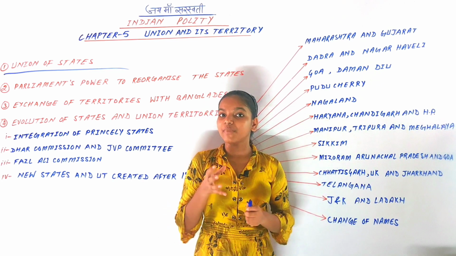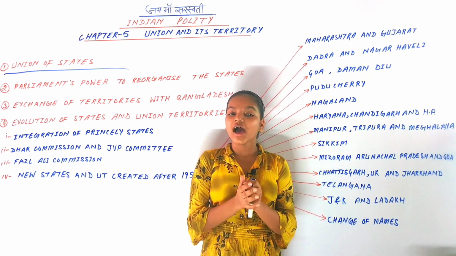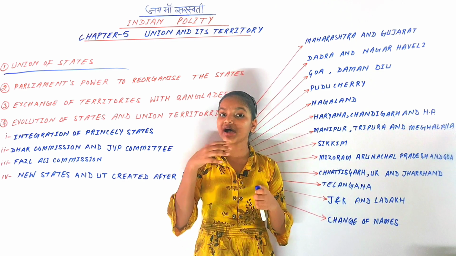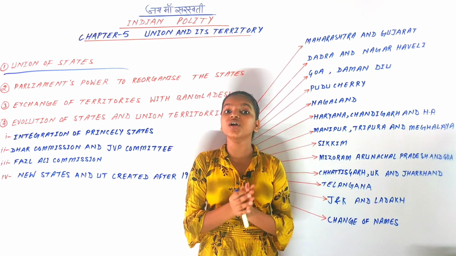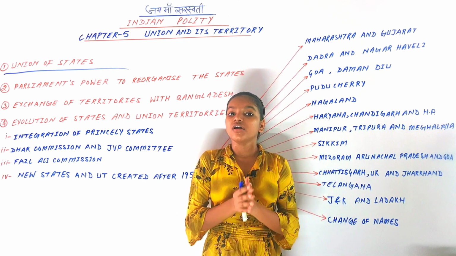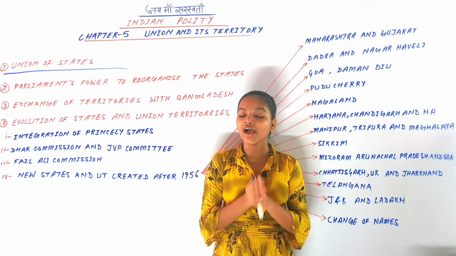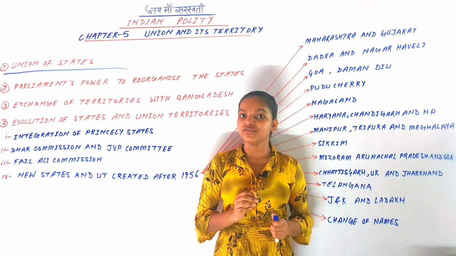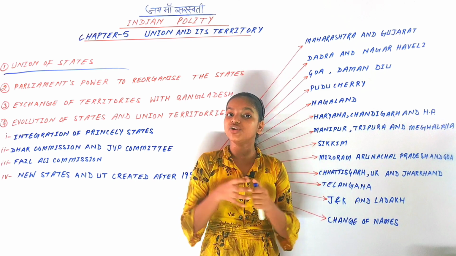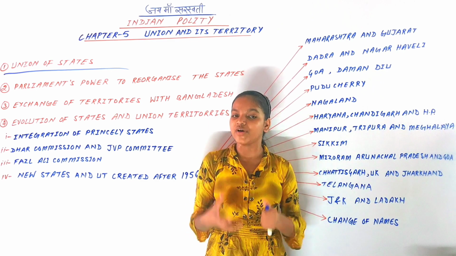Article 2 gives this power to the Parliament, and Article 3, on the other hand, gives the Parliament the power for the readjustment of states. In other words, Parliament has the power to admit new states, establish new states, and create new states, including by acquiring foreign territories.